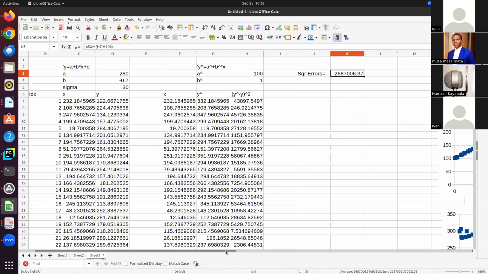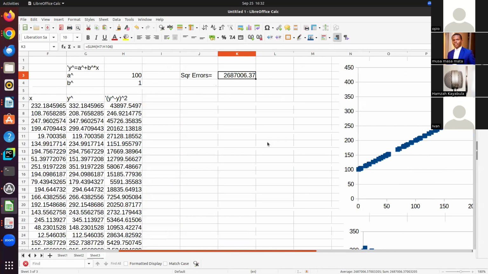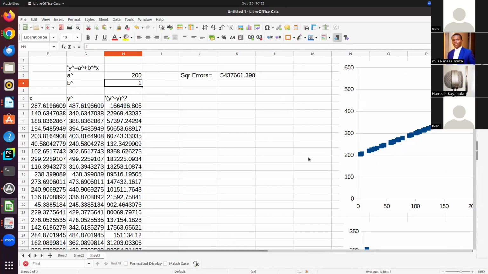In fact, the beauty about Python and JavaScript is the whole thing is done automatically, beautifully, and you can see the chart. We'll do it in a minute, okay? If I would change that even to 200, closer to the real one, you will see this number will go down. We have 2,600,000. If I put 200 now, bingo.